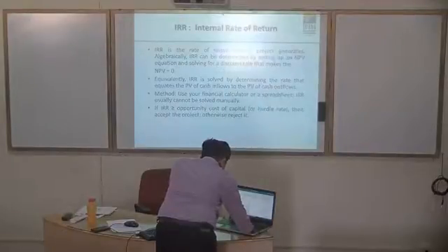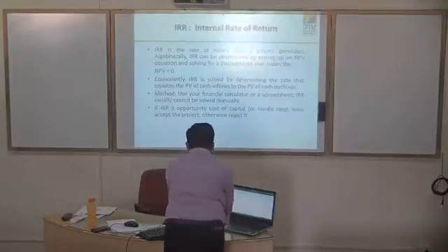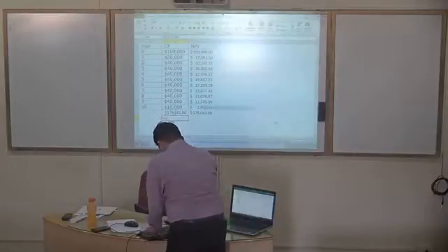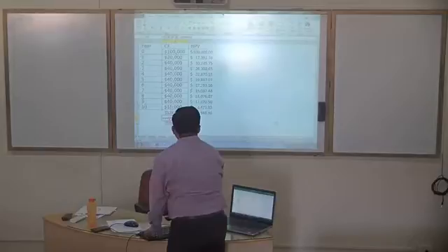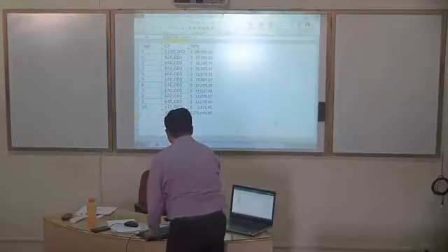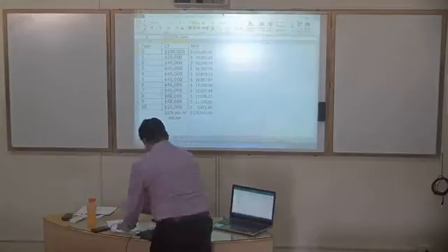I had done my calculations earlier, so I'll just refer to my note, and then I get that. What I'll do is I'll go to the IRR formula. I select all the cash flows including the initial one, and then I give 0.15. It will not work because I should consider cash outflow as negative here.